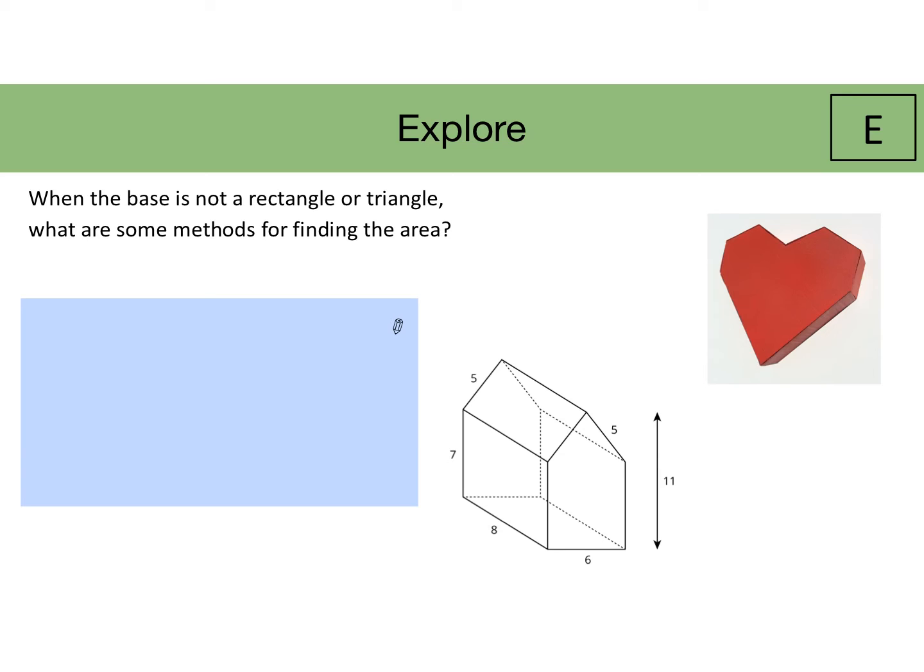This portion of the Explore is now synthesizing what students have learned in this lesson and in the previous lesson. After students are done responding, you want to select previously identified students to share their answers for the different methods for calculating the area of a shape whose base is not a rectangle or triangle.